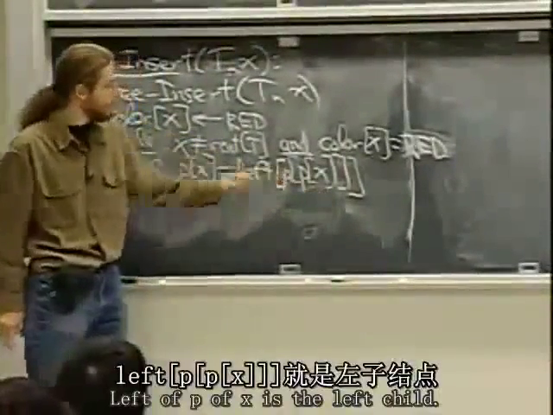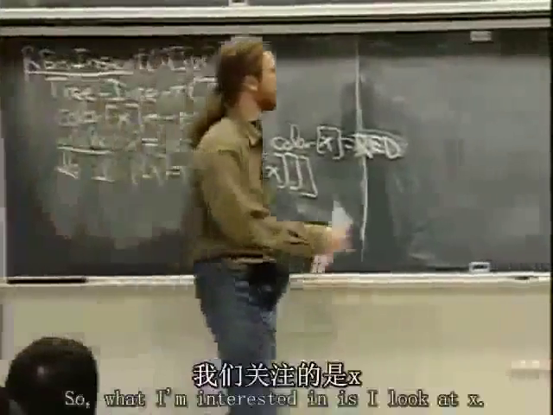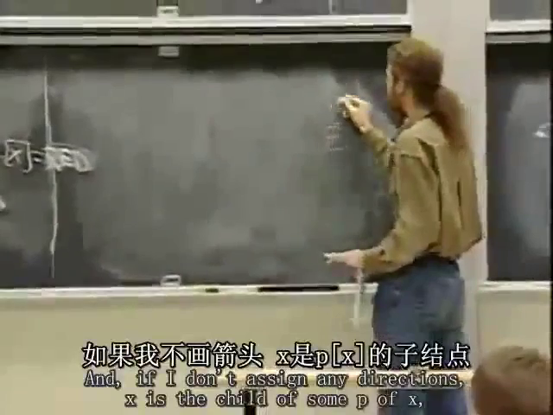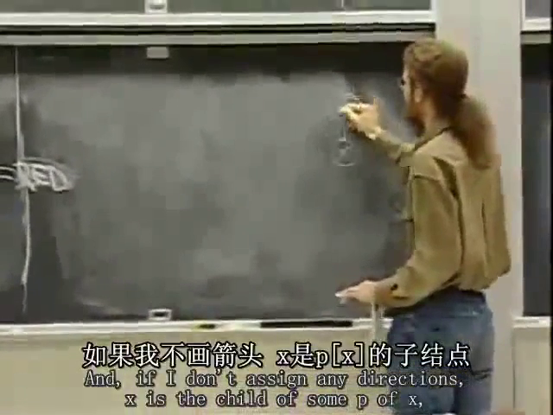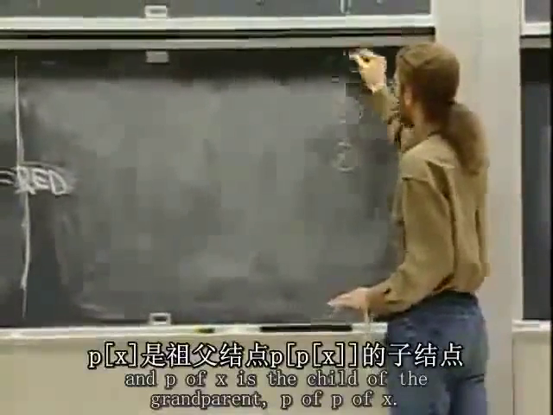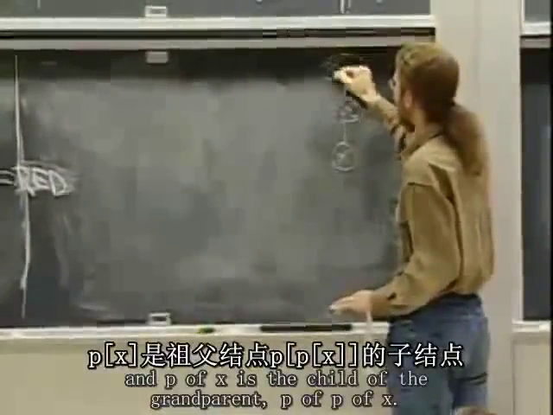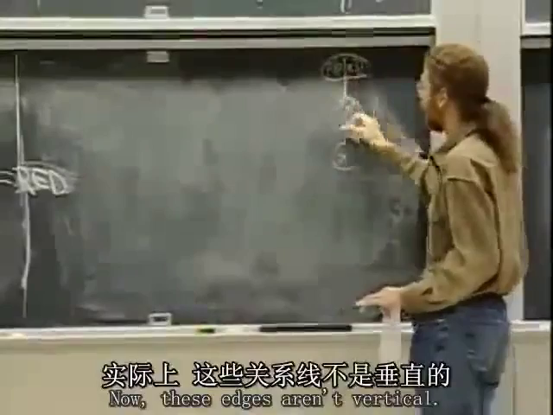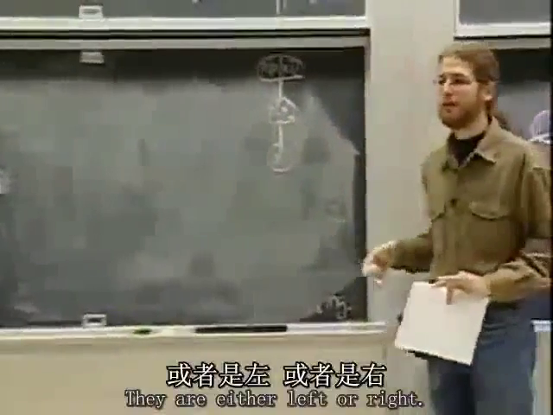Left of P of X is the left child. So what I'm interested in is I look at X, and if I don't assign any directions, X is the child of some P of X, and P of X is the child of the grandparent. Now, these edges aren't vertical, they're either left or right, and I care about which one.